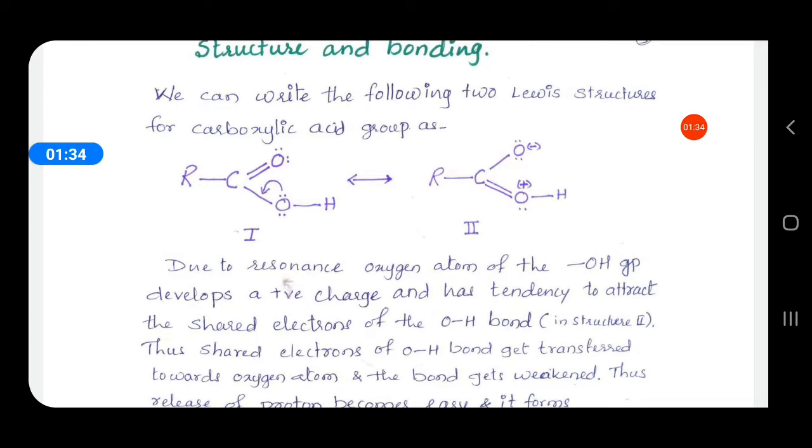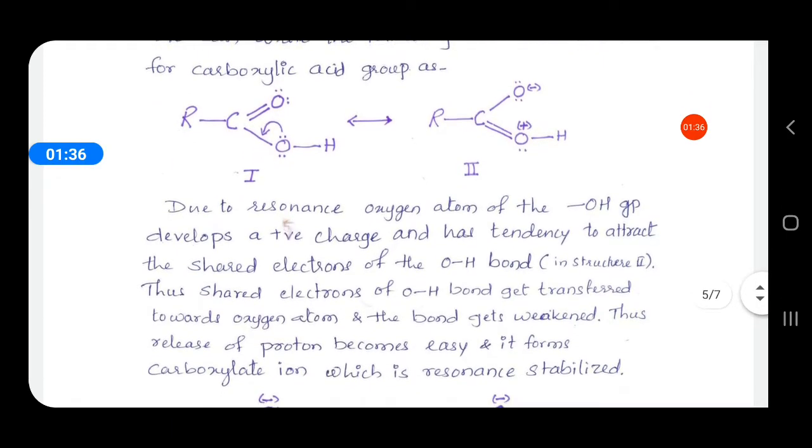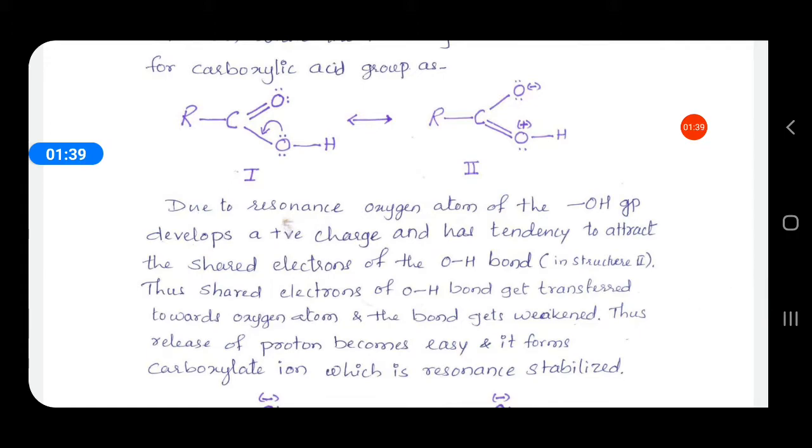Due to resonance, the oxygen atom of the OH group develops a positive charge and has a tendency to attract the shared electrons of the OH bond. Among oxygen and hydrogen, oxygen is more electronegative, so it attracts the OH bond electrons towards itself, so that H plus removal will be easy.